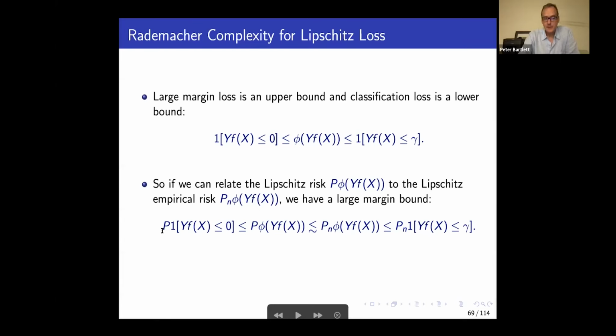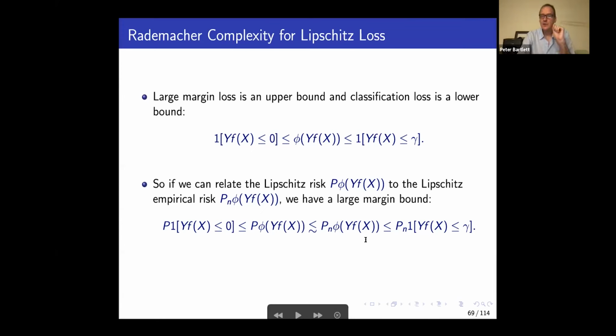We say, well, the expectation of this quantity, that's the probability of making a mistake, that's our risk, is upper bounded by the expectation of this thing that's above it everywhere, right? That thing is a nice Lipschitz loss. All we have to do is relate the true phi risk, the expectation of this quantity, to the empirical phi risk, the sample average of that quantity, and we'll do that using our maximal deviation results in terms of Rademacher complexities.